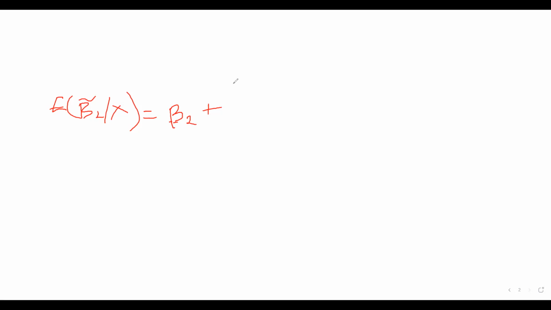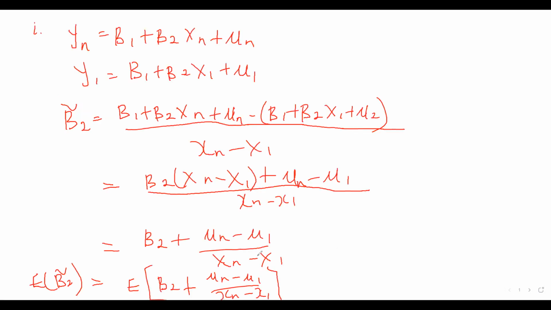And if I take the expected value of the rest of the expression, the expected value of un given x will be equal to 0, and the expected value of u1 given x will be equal to 0.